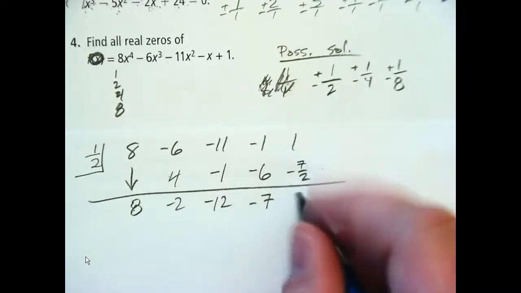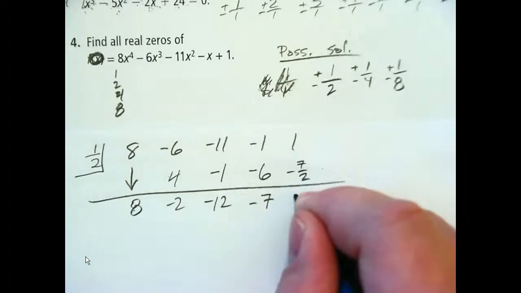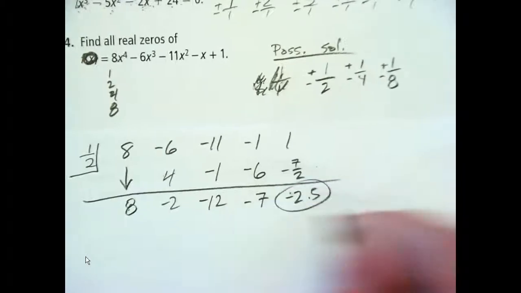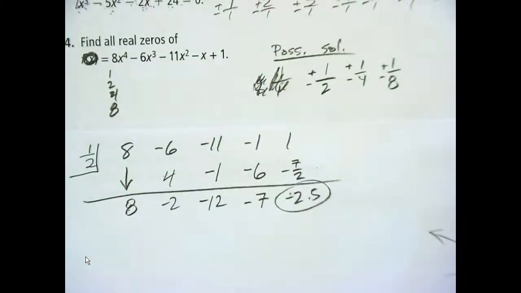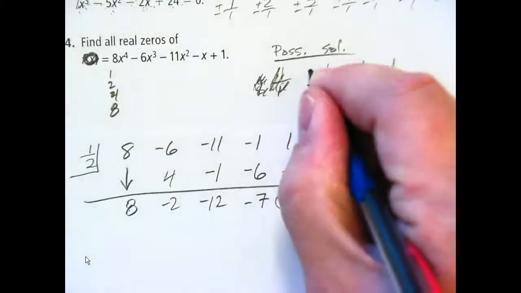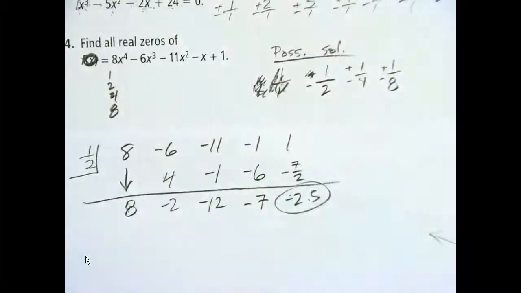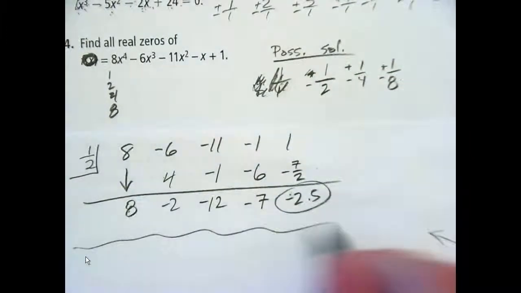Negative 2.5. So if you put it in decimal form, it'd be that. Either way, it doesn't work, right? No positive 1/2. Negative 1/2 doesn't work?